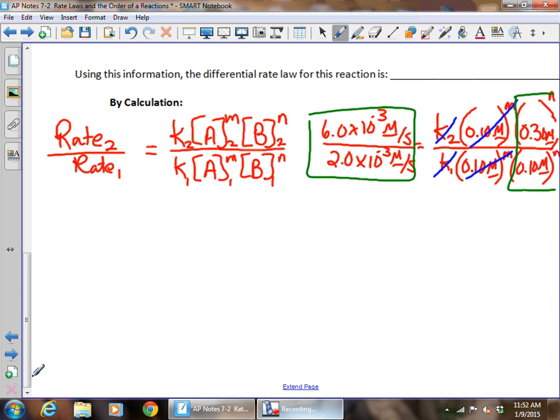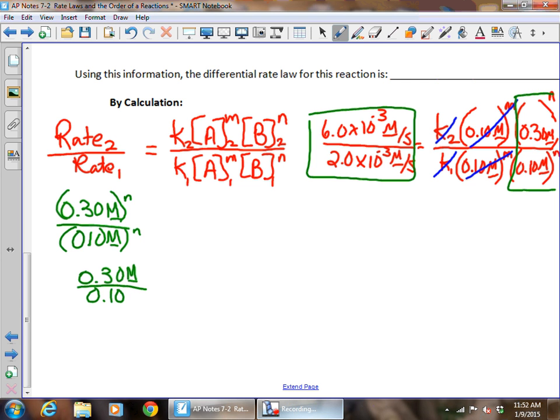Now, keep in mind, I'm going to write this off to the side over here. Keep in mind that if you have 0.3 molar over 0.10 molar, and both of those are raised to the same power, the laws of exponents say that that's the same thing as saying 0.30 molar over 0.10 molar quantity raised to that power.